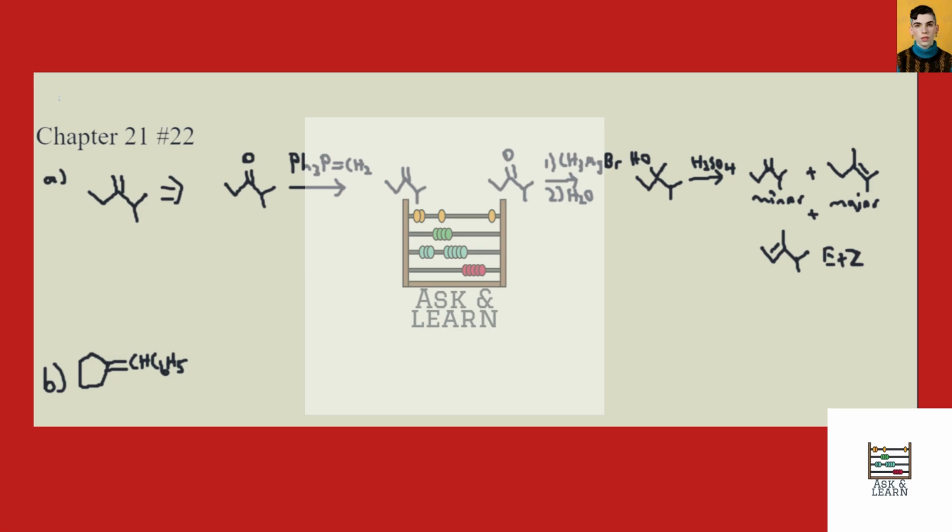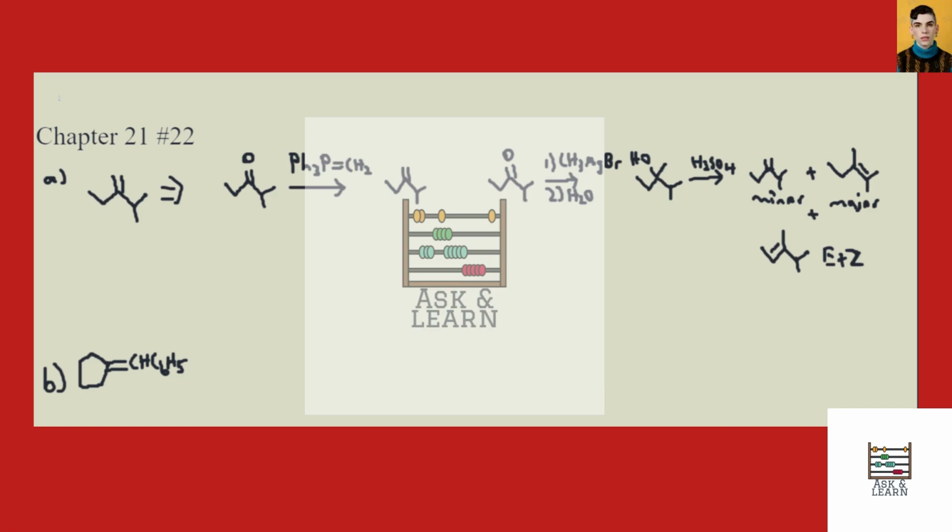You get a single product, the desired product, whereas doing this with a Grignard and then strong acid, you get a mixture of several products, and our desired product isn't even the major product. So that's a key takeaway here, the utility of the Wittig reaction.